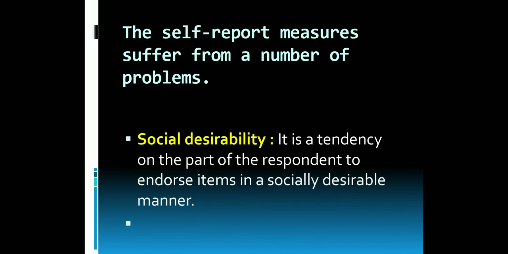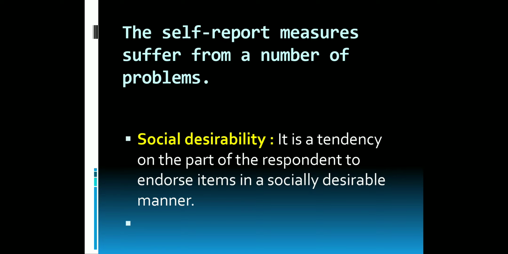Now the self-report measure suffers from majorly two problems, that is social desirability and acquiescence. Now what is social desirability? It is a tendency of a person to respond in a particular socially desirable manner. If somebody asks you, do you respect teachers? You will say yes if you think that others are going to see, because it is socially desirable.